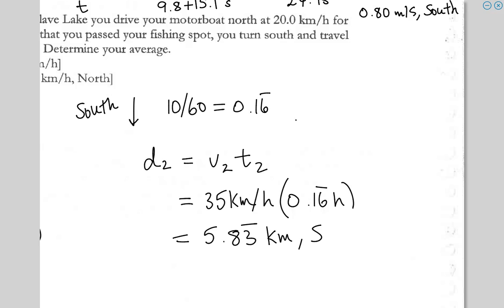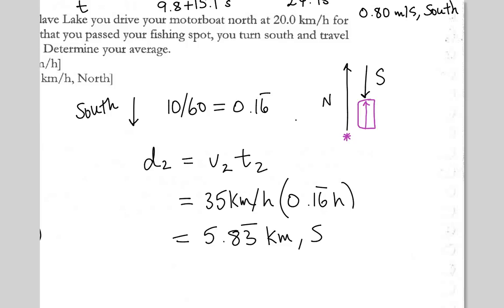And if I put those together like this, here's my north, here's my south, what's the result? This is the result. This is where I ended up from my original position, which was here.